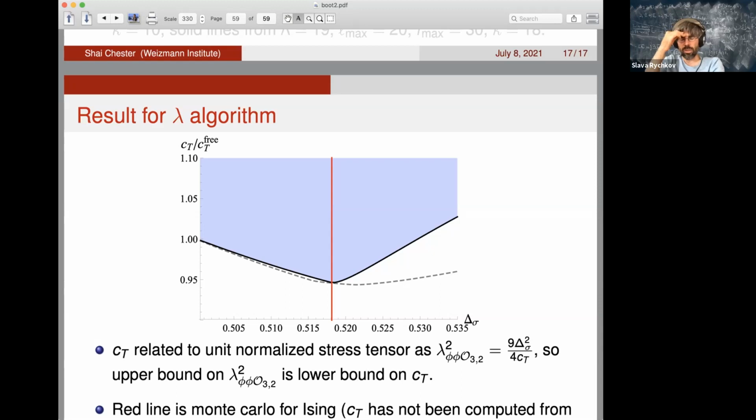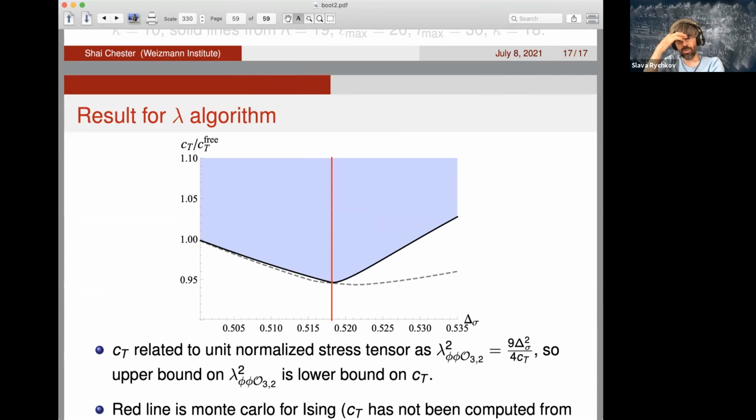But also, if I may say something, it's not true that the primal problem has not been used in the numerical bootstrap. In fact, these CT plots were first produced with a primal linear programming algorithm, in our semi-minimization paper.